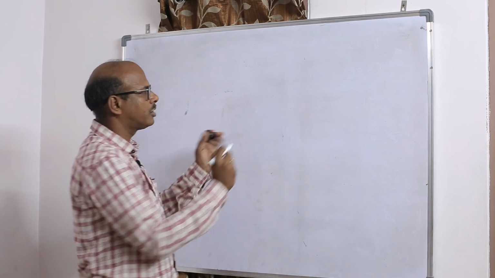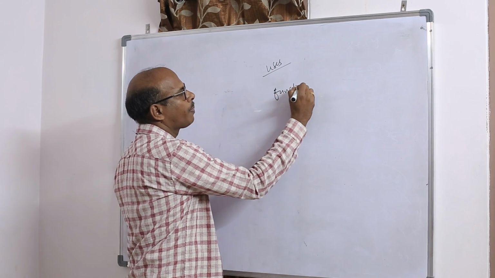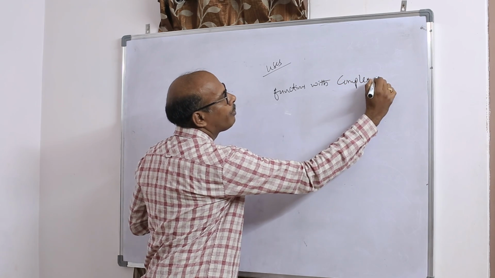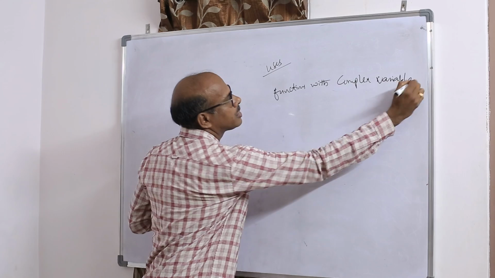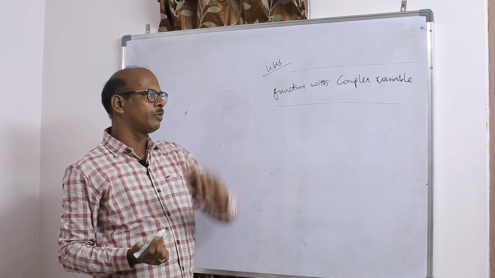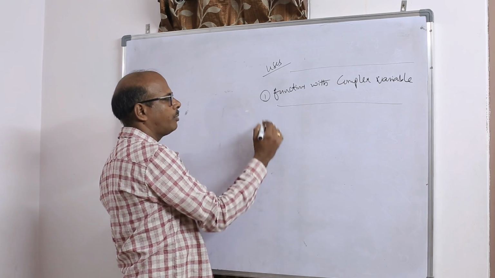Now I am going to discuss the uses. Generally we discuss up to plus one, plus two level functions with real variable, but in future, in advanced study, functions with complex variable is one important point.